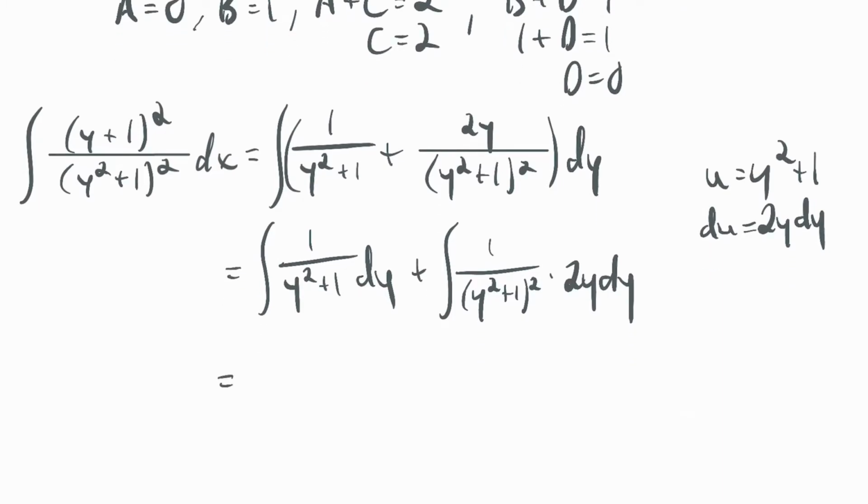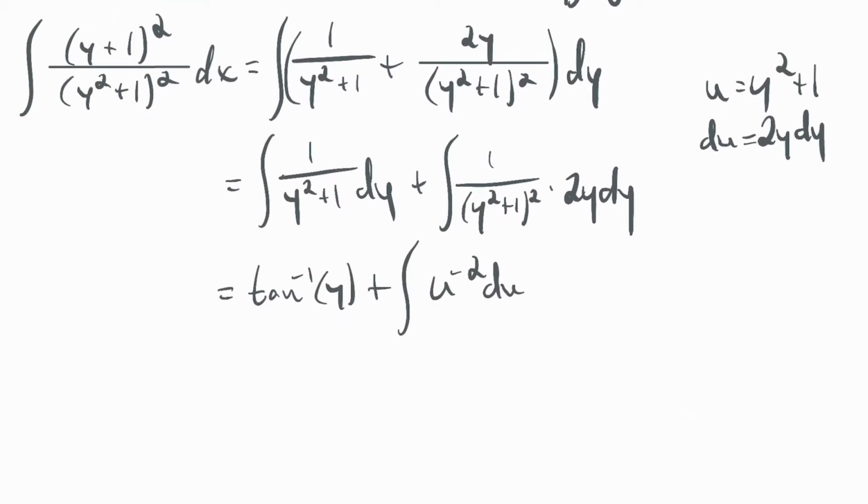So this equals tangent inverse of y plus the integral of u to the negative 2 power du. All right, so this will be tangent inverse of y plus u to the negative 1 over negative 1 plus c.